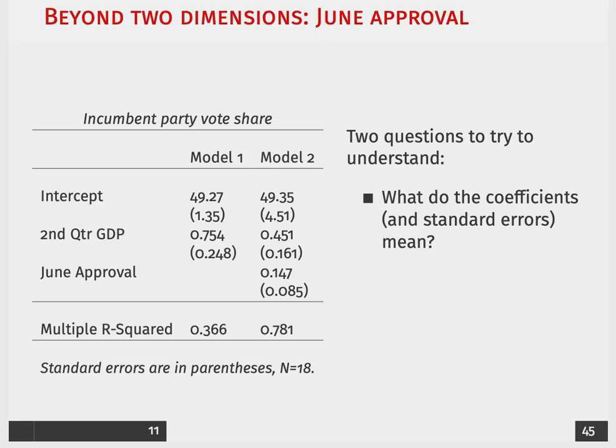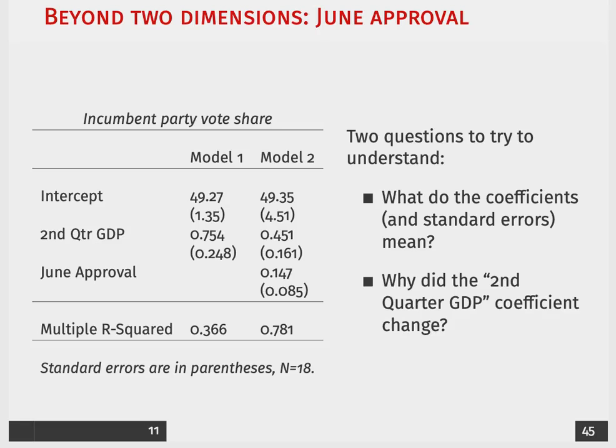The second thing I want you to think about is why that value changed between model 1 and model 2. In other words, why is the amount that the incumbent party vote share is predicted to increase for a 1 unit change in second quarter GDP growth decreasing?